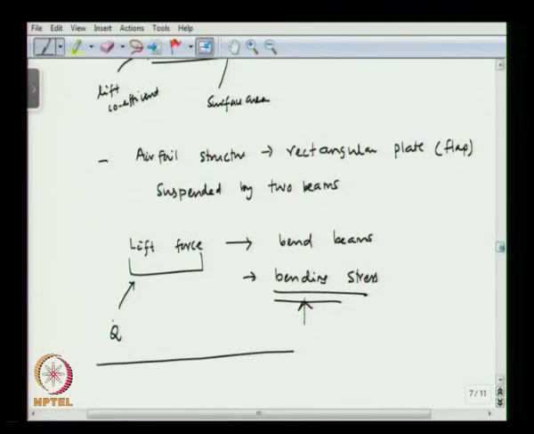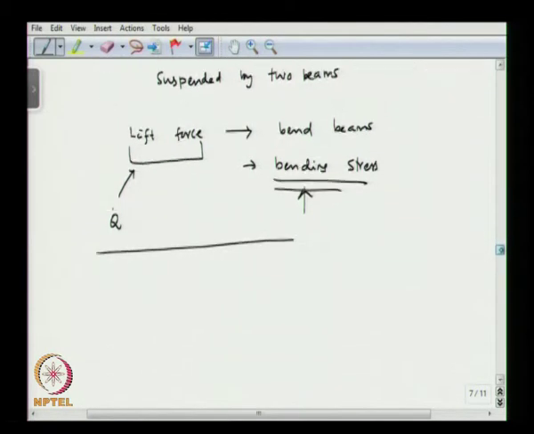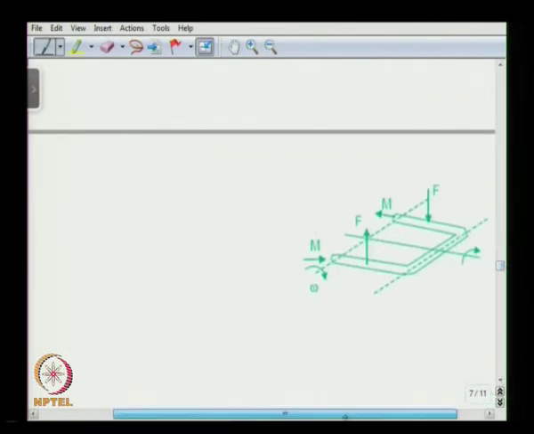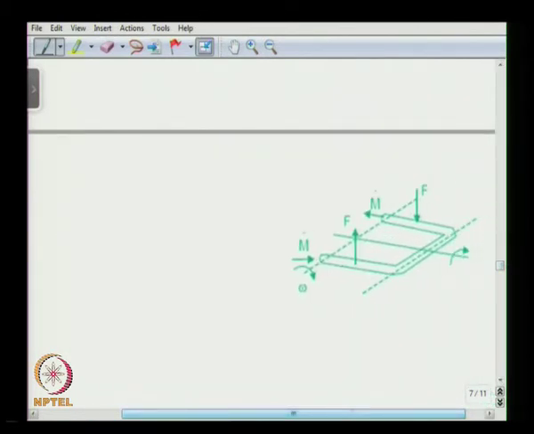Now, let us look at Coriolis flow sensors. The Coriolis flow sensors are based on the principle of the Coriolis concept. Okay.